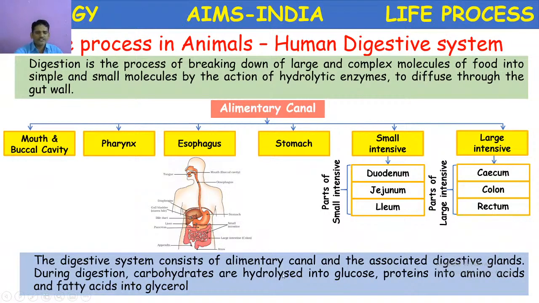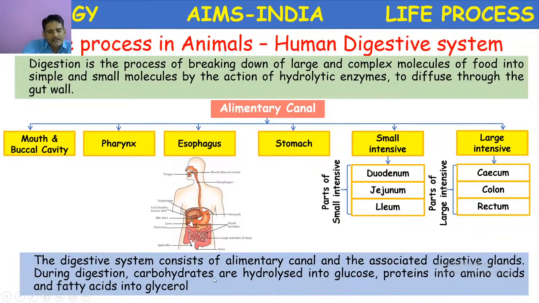So the digestive system consists of the alimentary canal and the associated digestive glands. If you see in this picture, the associated digestive glands are liver, pancreas, intestinal glands, and salivary glands.